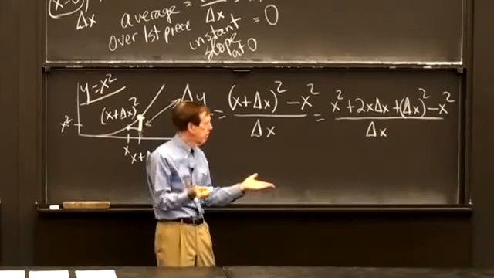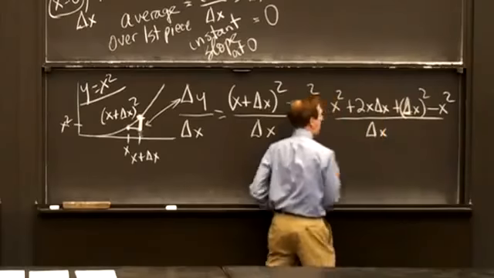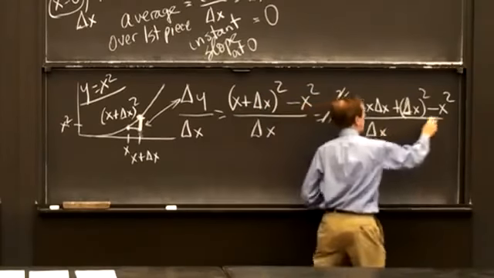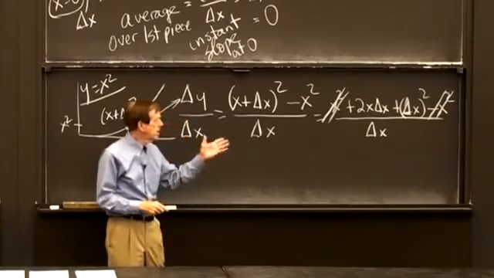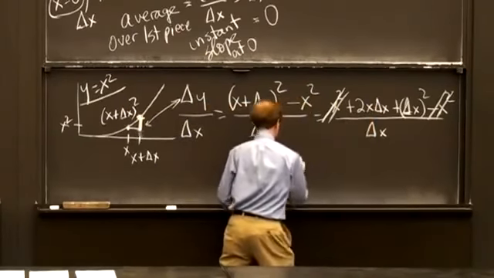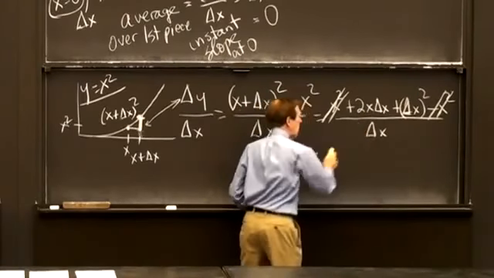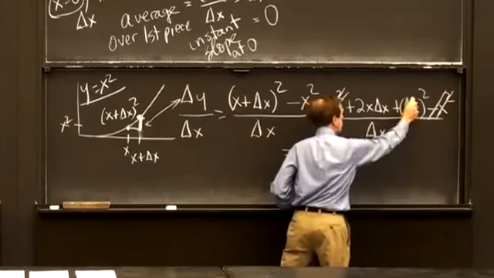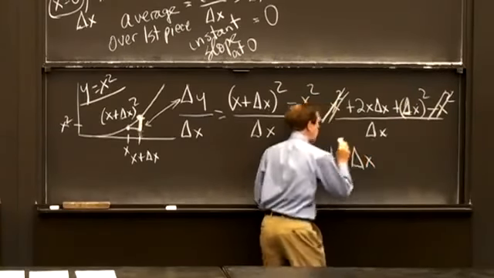I wrote it out because now I can simplify by canceling the x squared. I'm not surprised. Now in this case I can actually do the division. Delta x is just there, so it leaves me with a 2x. Delta x over delta x is 1. And then here's a delta x squared over a delta x, so that leaves me with 1 delta x.